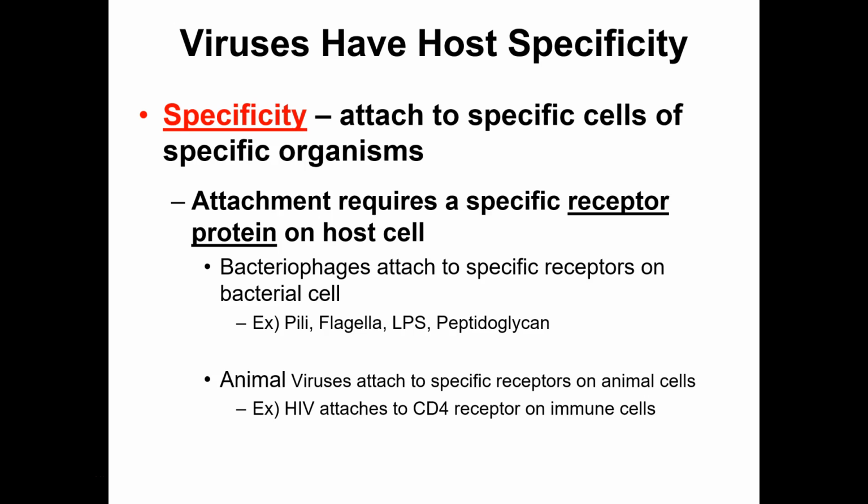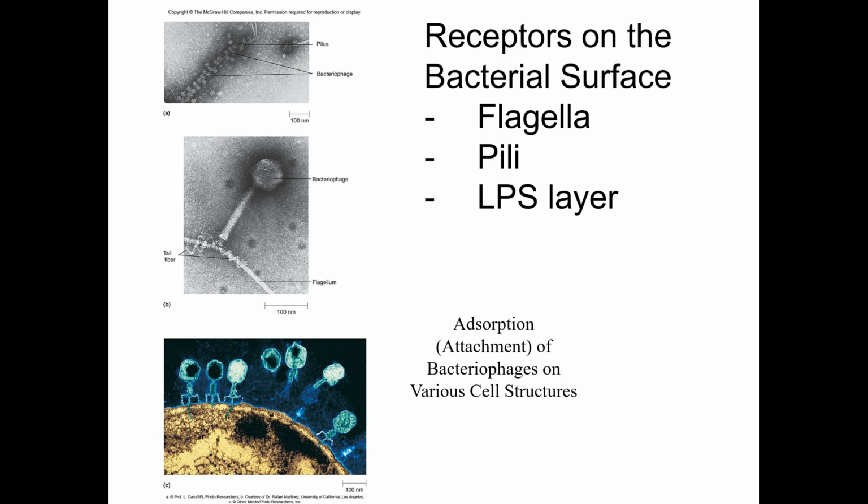Okay, so in the case of bacteriophages, we have, and these are out of order, one of these years will fix this. In the middle picture here, that's a bacteriophage, which has wrapped those little legs, its spikes, around flagella. So it recognizes those flagellin proteins. Up here in the top image, that is a bunch of bacteriophages binding to pili.